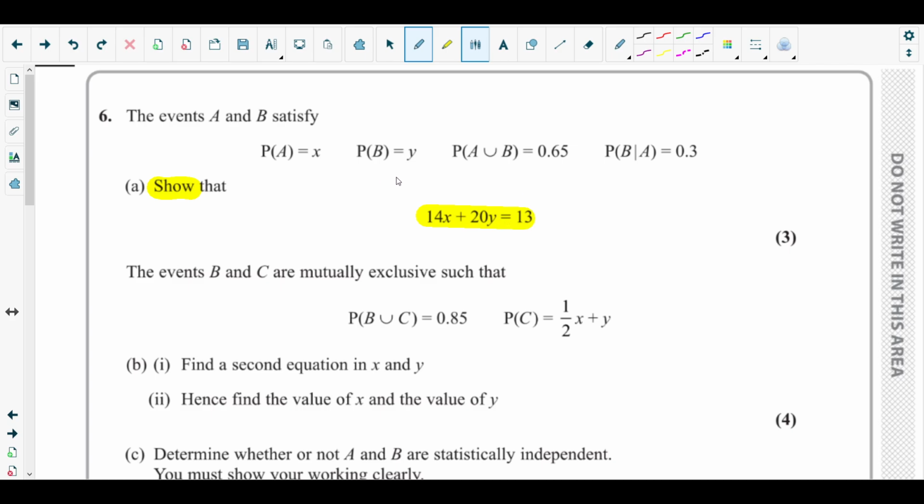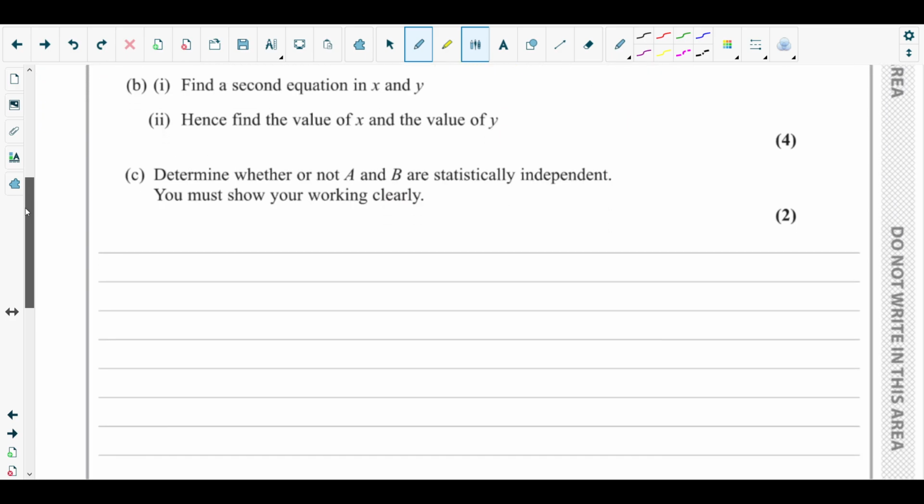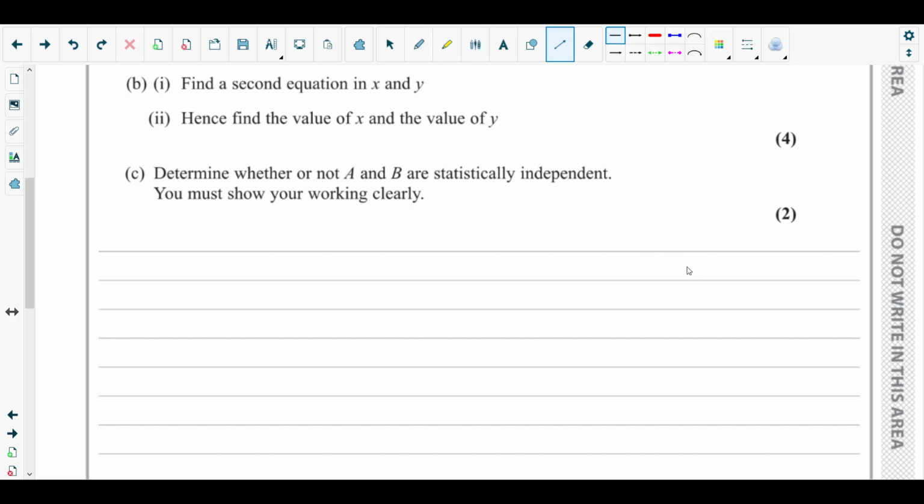Look, we know probability of A union B is given, right? So if you consider using a Venn diagram, that would be easier for you to understand the scenario. So let me draw a Venn diagram for this case.